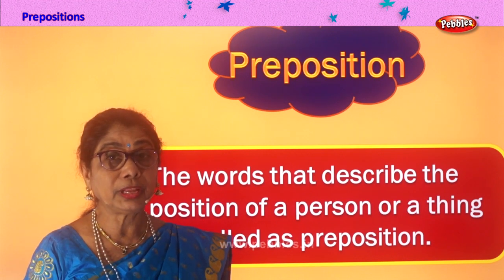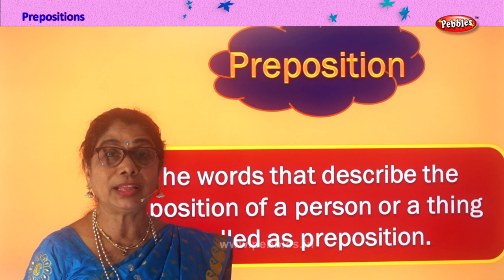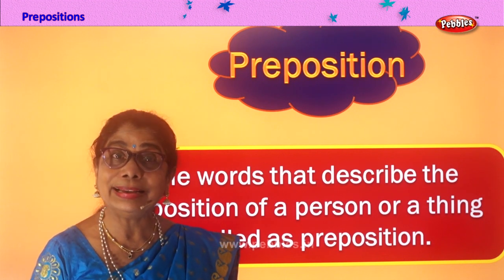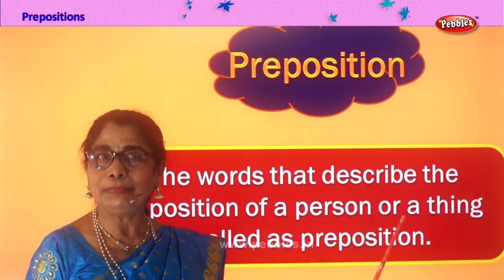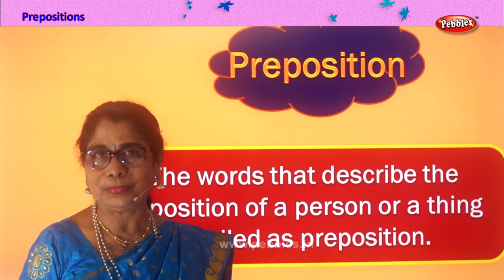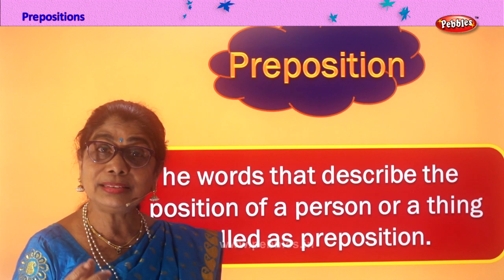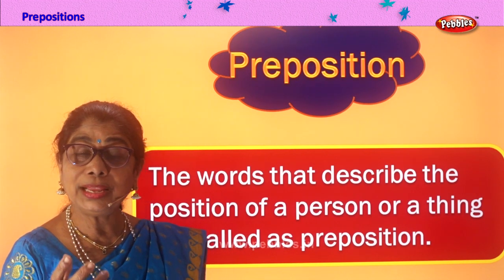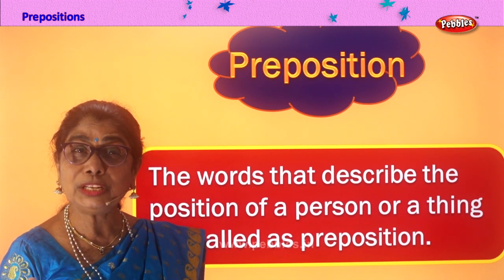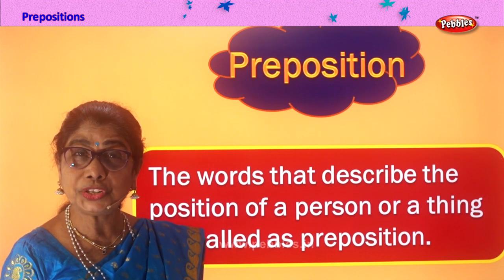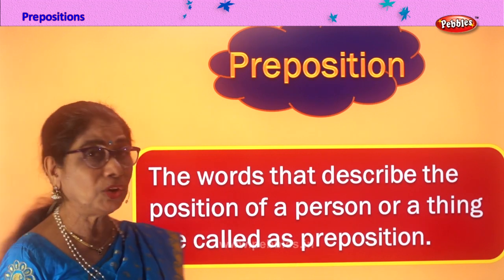Position. Where is the boy? In front of the tree. Where is the dog? Under the table. That is preposition. Let's look at some pictures and sentences and learn to understand how to put in the correct preposition. What is preposition? The position, okay, of person or thing.